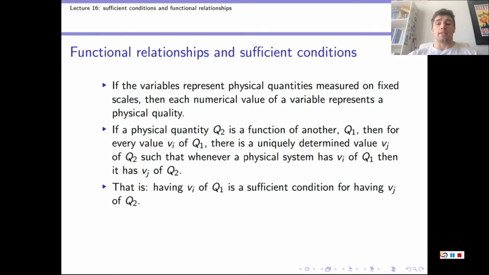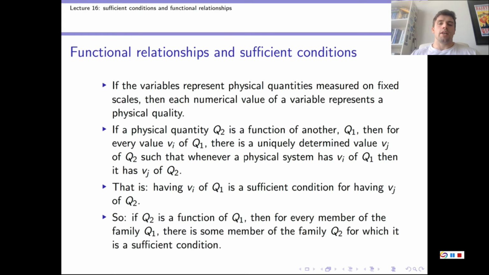One can check that it fits the definition of sufficient condition that we've seen. So we can say the following when we view physical quantities as families of physical qualities. If Q2 is a function of Q1, then for every member of the family Q1, there is some member of the family Q2 for which it is a sufficient condition.